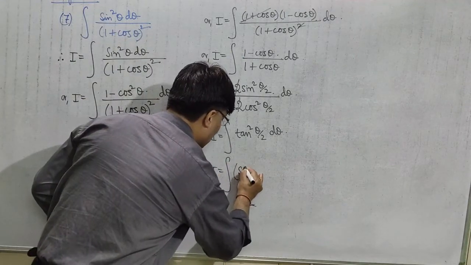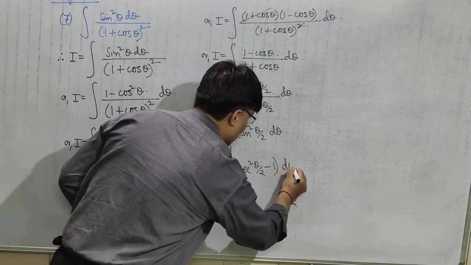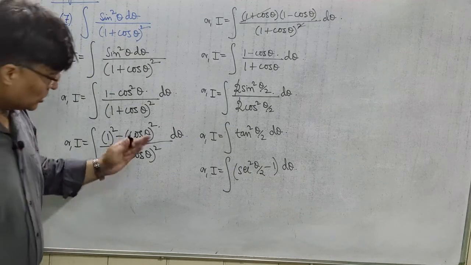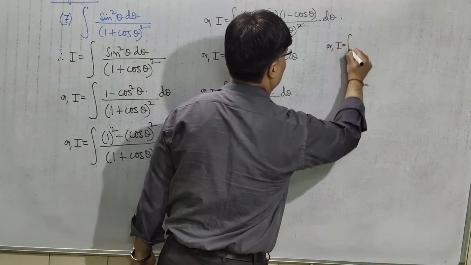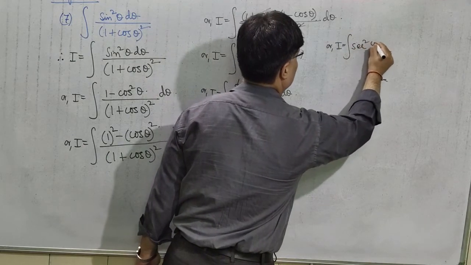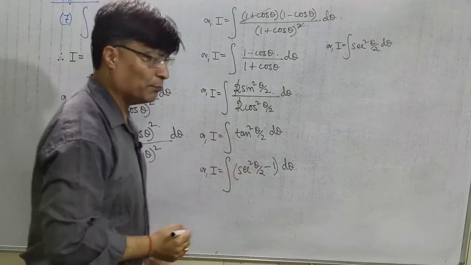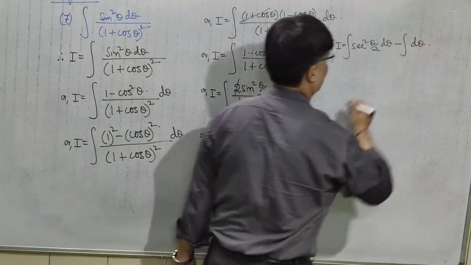The formula is (sec square theta by 2 minus 1) bracket close d theta. Understood? So now let's separate it. Or I is equal to the integration of sec square theta by 2 d theta minus the integration of d theta.